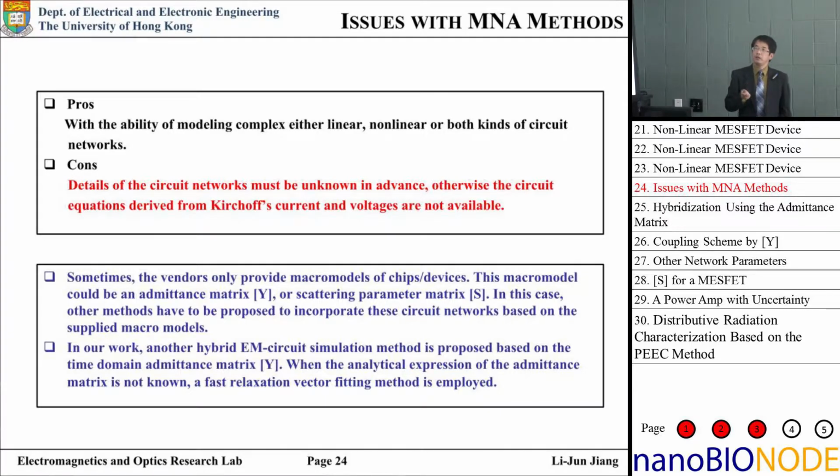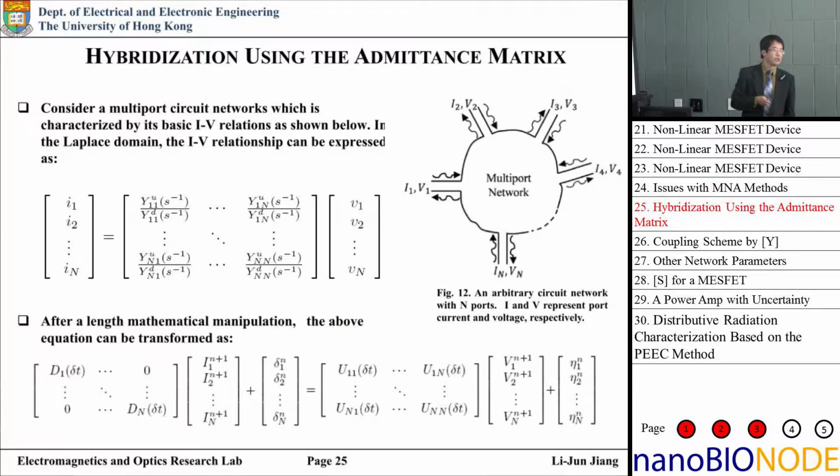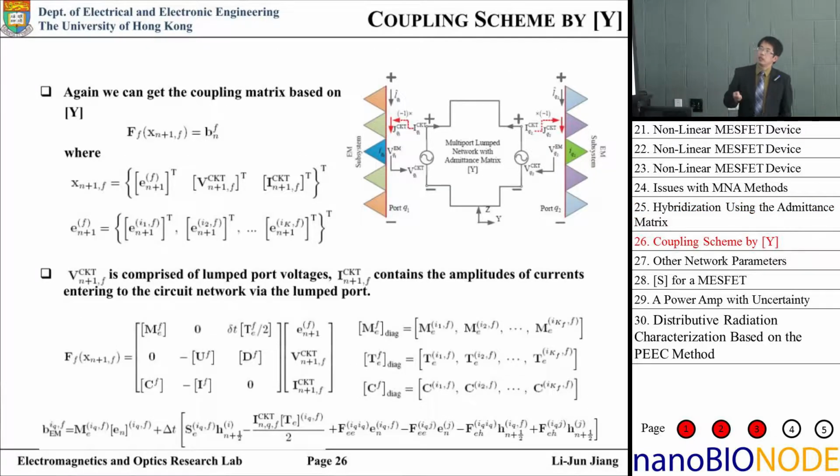The circuit part in the previous simulation requires an explicit circuit model. But in many situations, you do not know that because the vendor does not want to disclose it. So what we would like to do is, if we do not exactly know the circuit but we know the network, if we can get an admittance network of the circuit, then we can use the network to establish the relationship between the ports and connect that into the DG formulation. We still couple the admittance matrix system into the DG simulation for the parasitic system.